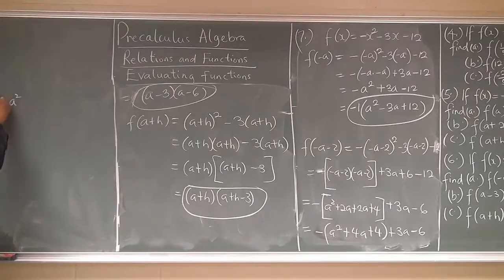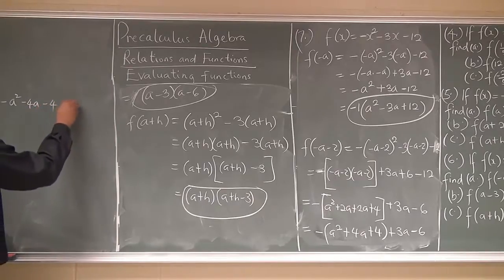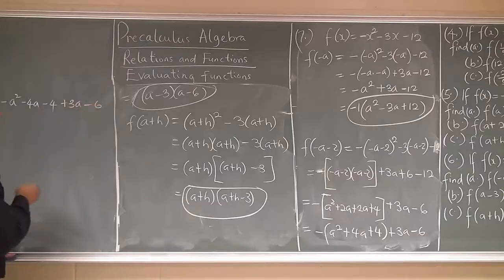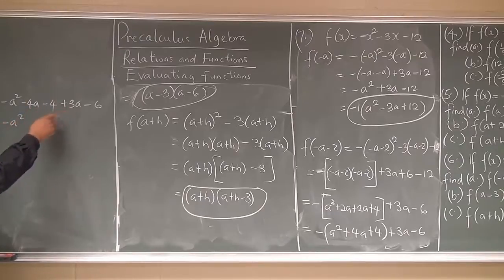Negative a squared minus 4a minus 4 plus 3a minus 6. So that will give you negative a squared. Negative 4a plus 3a is what? Negative a, negative 4, negative 6, or minus 4 minus 6 is minus 10.